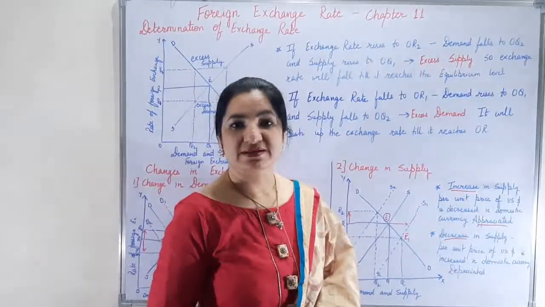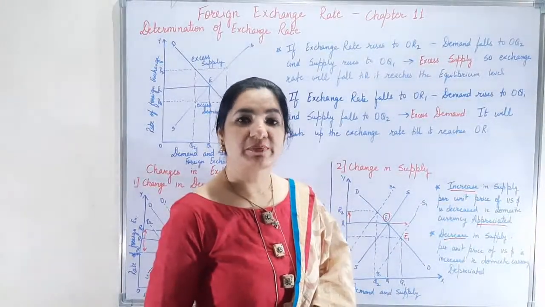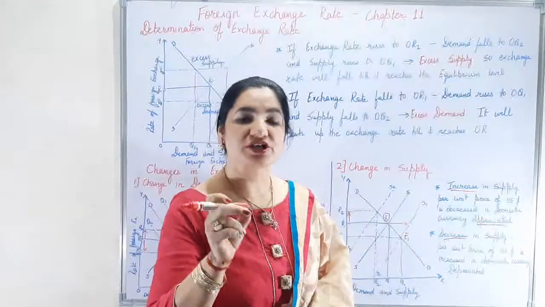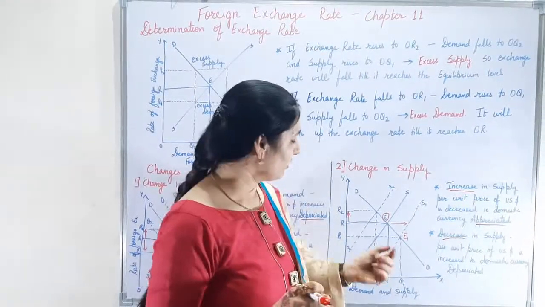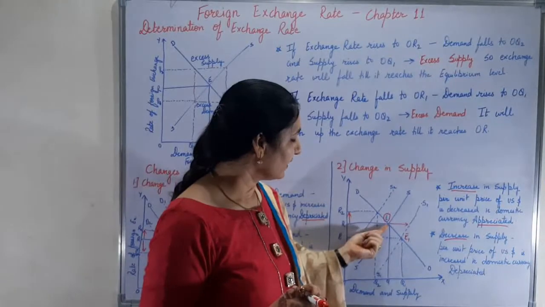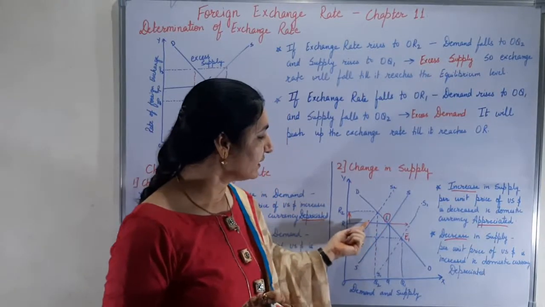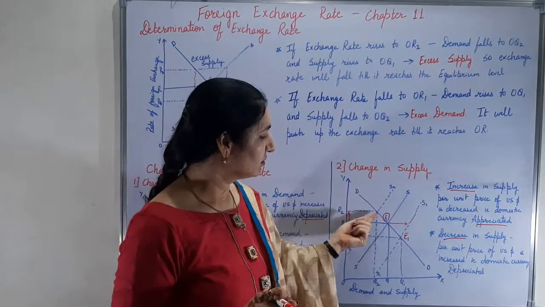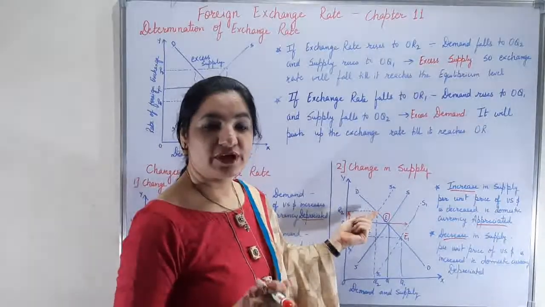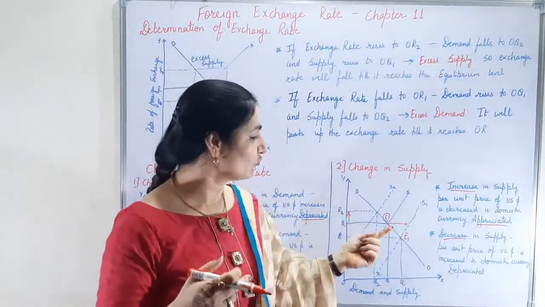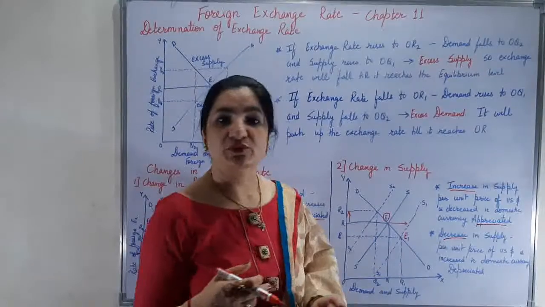Next is decrease in supply. When there is a decrease in supply from the original equilibrium point, we will notice that there is a deficit in supply. When supply was increasing, it showed excess supply from the original curve.